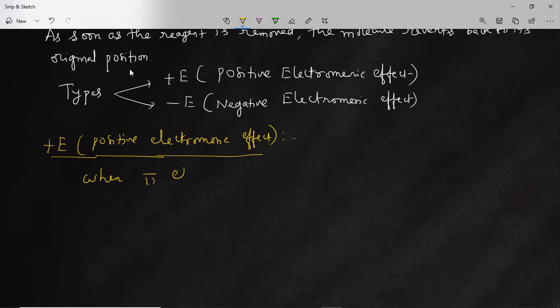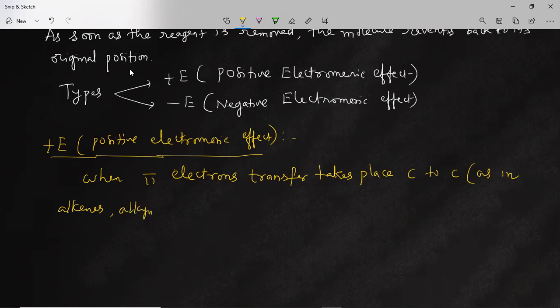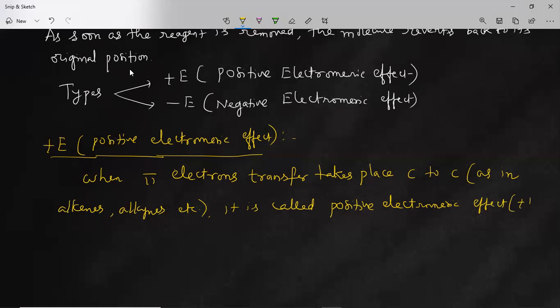When pi electrons transfer takes place carbon to carbon, as in alkenes, also alkynes, this is possible. So that is called positive electromeric effect. As you know, it is denoted with the symbol plus E.